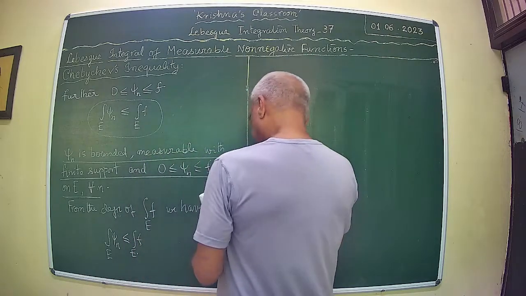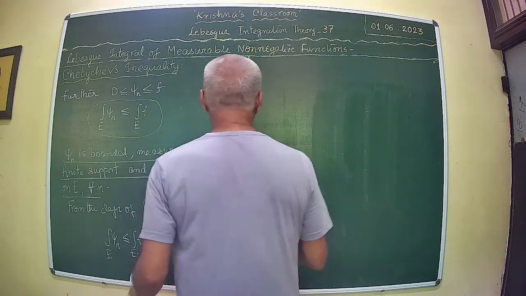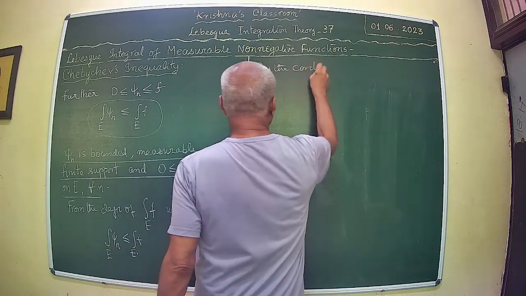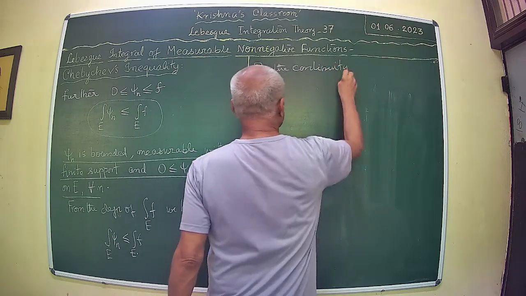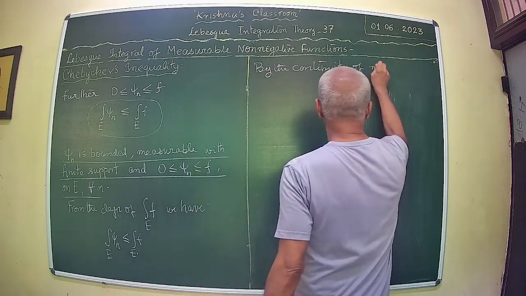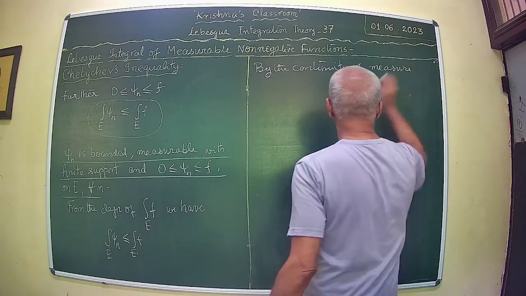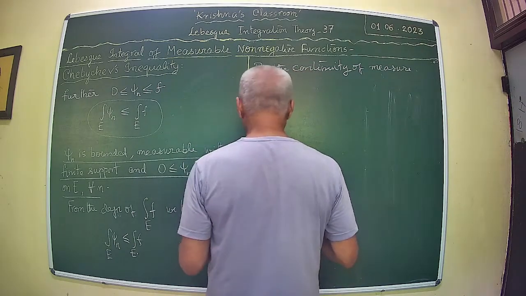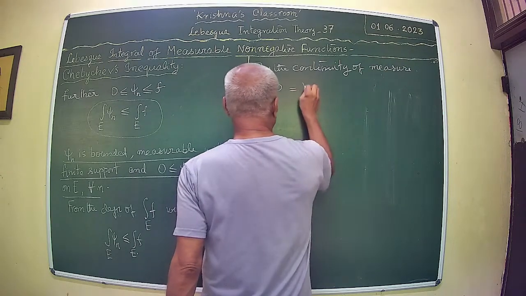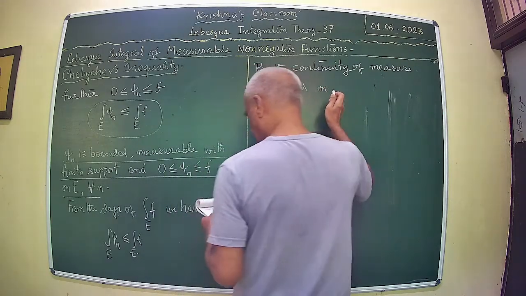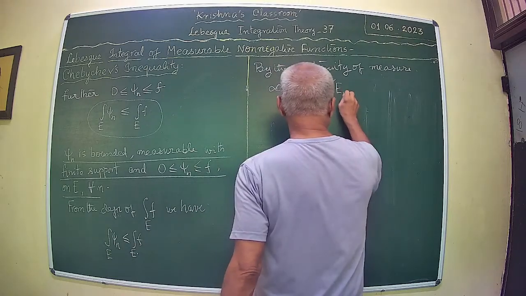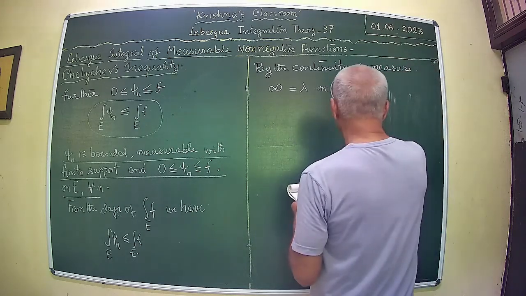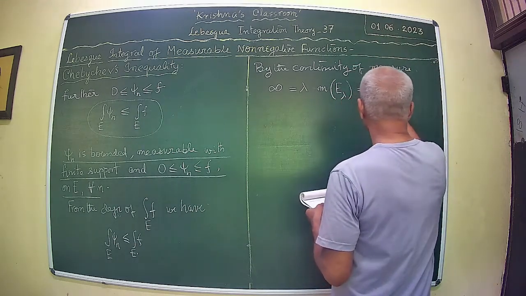Now by the continuity of measure, infinity is equal to lambda times measure of E lambda. This we have assumed, this comes from that part, and here we are using the continuity limit.